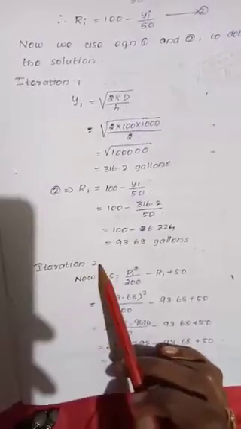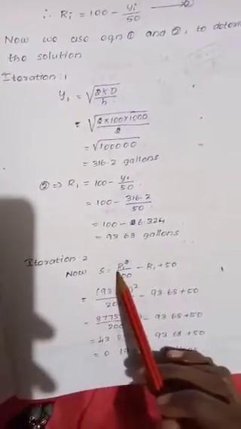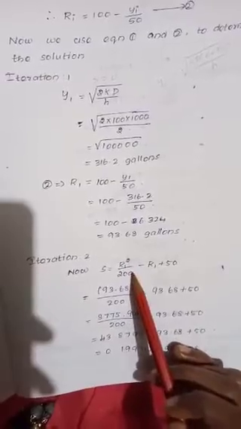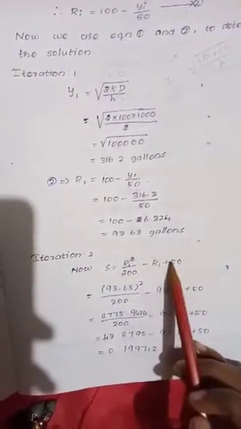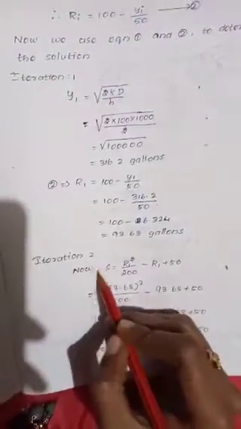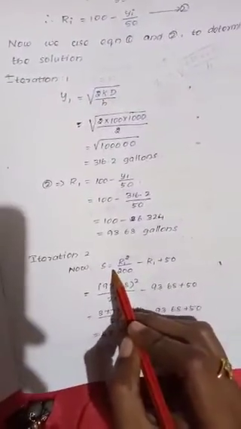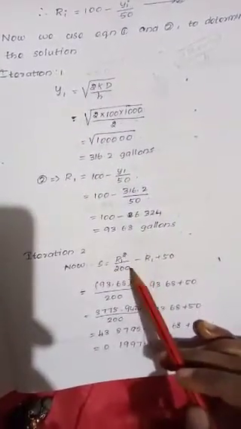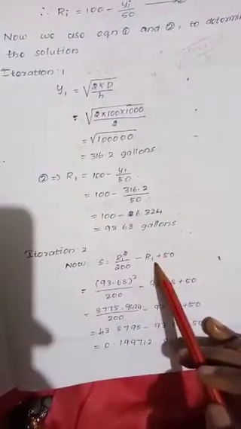Next, iteration 2. Now s is equal to r1 squared by 200 minus r1 plus 50. This is equation number 1. First we took the value of s as 0. Next, s is equal to r1 squared by 200 minus r1 plus 50.